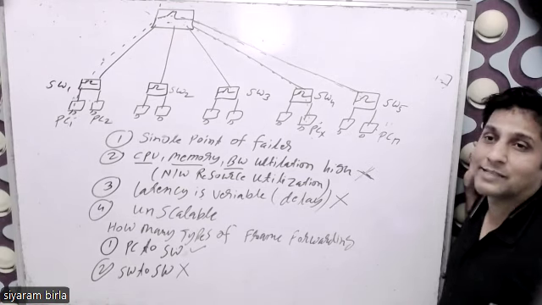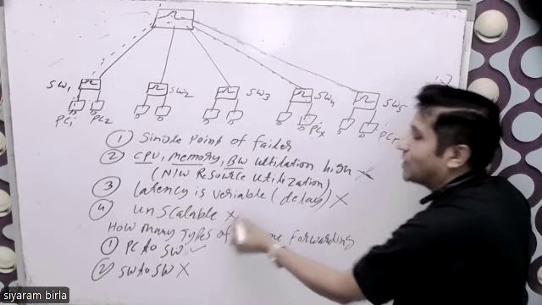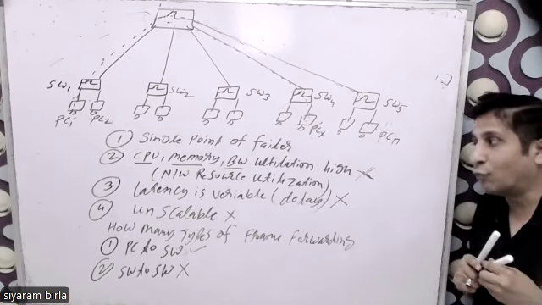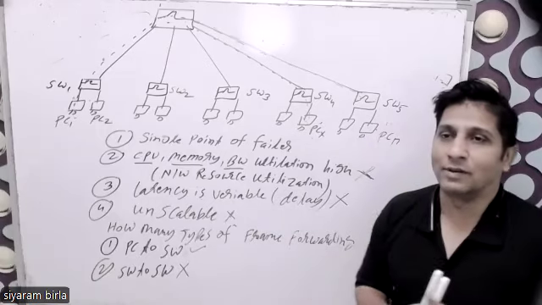Unscalability means that if I extend the network, my design should still succeed. That is called scalable. So the unscalability problem has been resolved. So my three problems have been resolved.